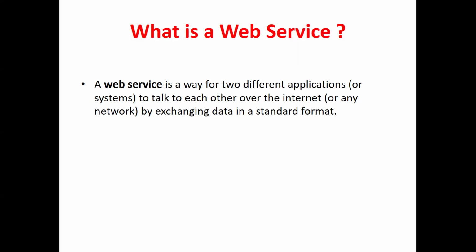A front end built with Angular or React can talk to our backend application with the help of the internet. How will the data be exchanged? Data will be exchanged in the form of JSON data or XML data.